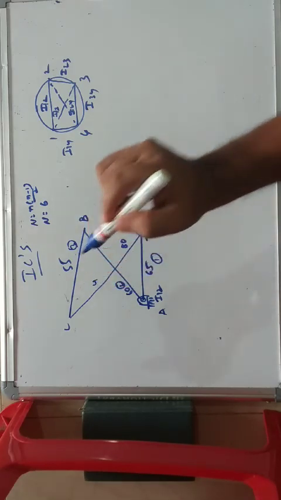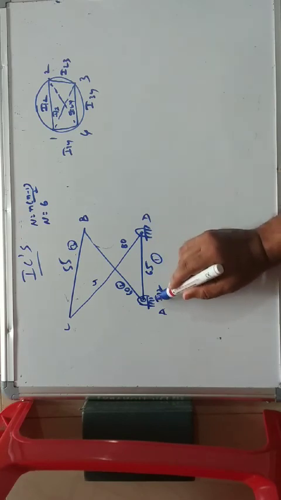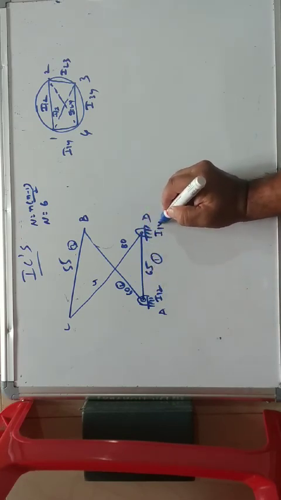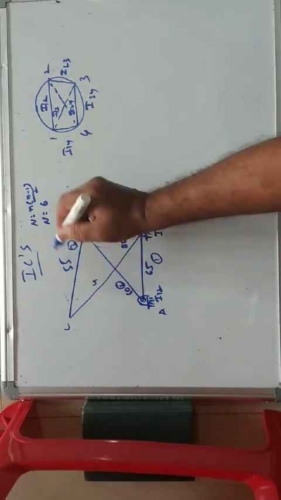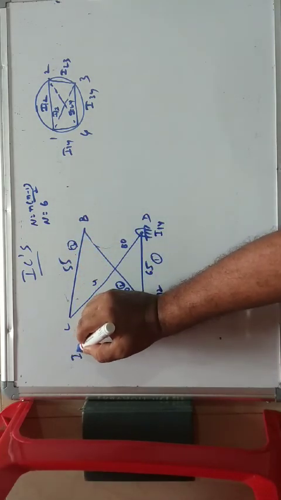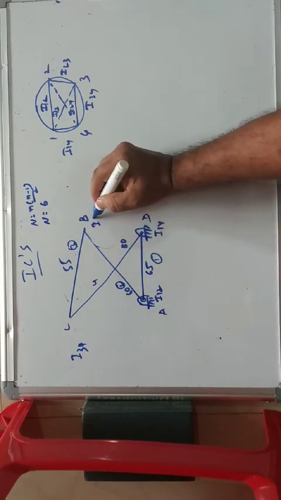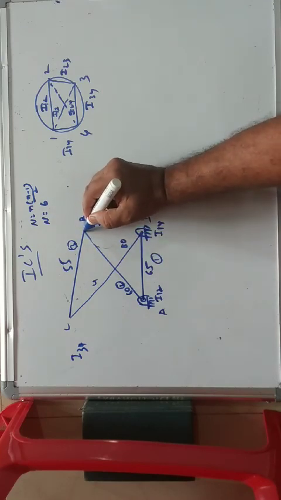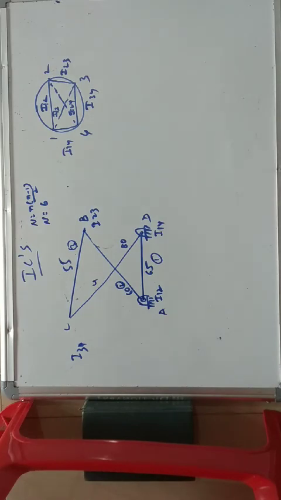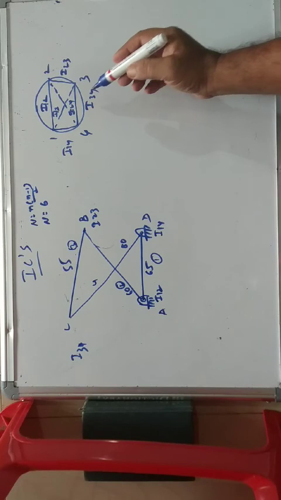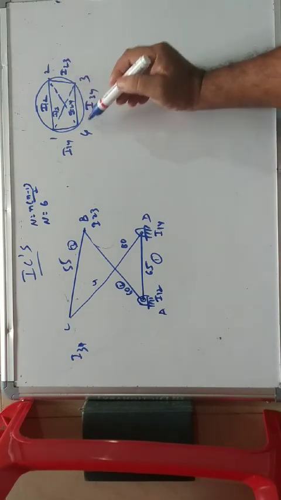So naturally this is I12, this is I14, this is I34, and here it is I23, this point. If you observe the figure, that is I12, I23, I34, I14.